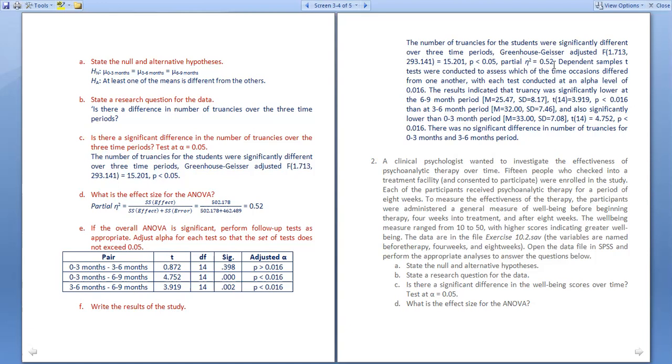So the effect size is quite large. Dependent sample t-tests were conducted to assess which time occasions differed from one another, with each test conducted at an alpha level of 0.016. The results indicated that truancy was significantly lower at the 6 to 9 month period.